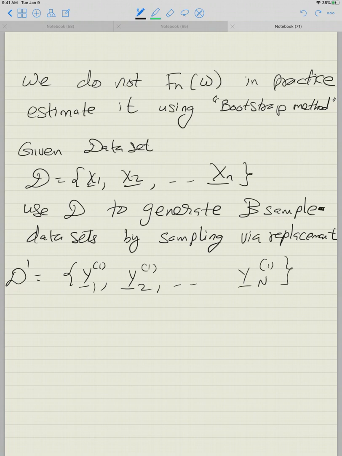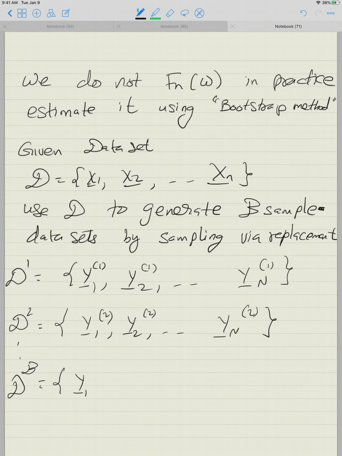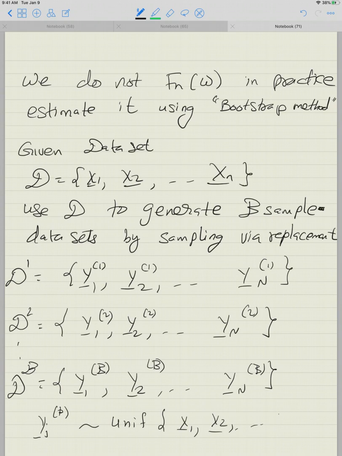This is the first data set we have. D2 is y1 of 2, y2 of 2, up to yn of 2, and DB is y1 of B, y2 of B, up to yn of B. The idea is that each yj of k is sampled uniformly from x1, x2, up to xn, independently of all other samples. So now we have B copies of the data set D.